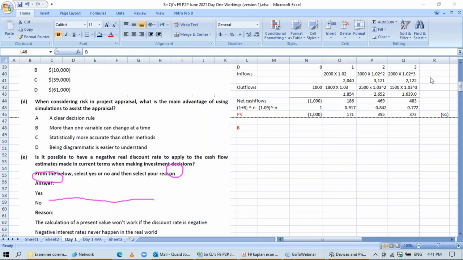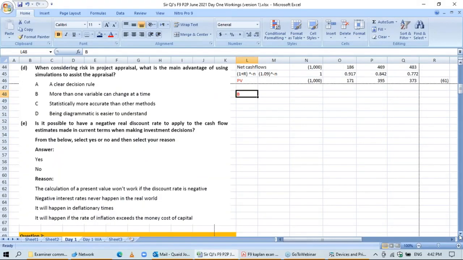Okay, so let's move on to part E of this question. It requires: is it possible to have a negative real discount rate to apply to the cash flow estimates made in current terms when making an investment decision?